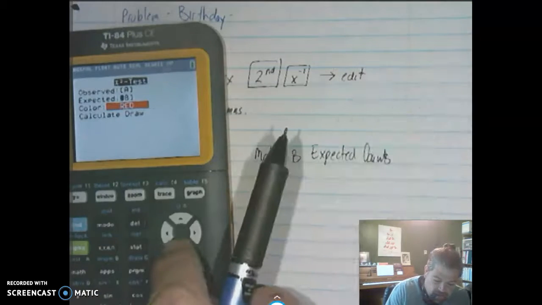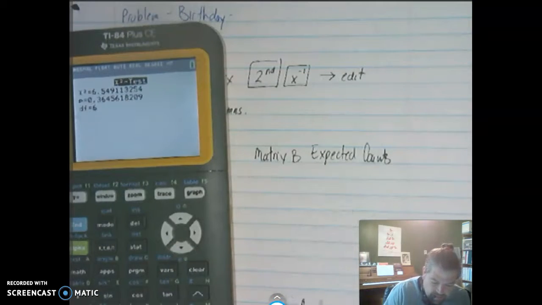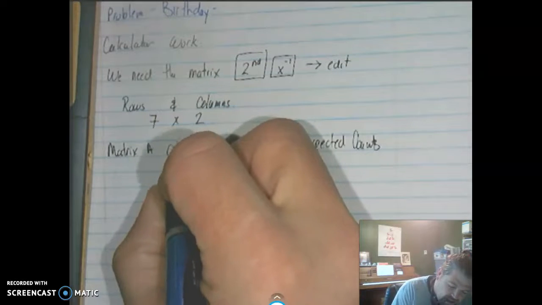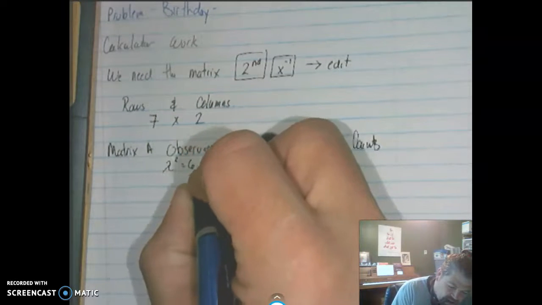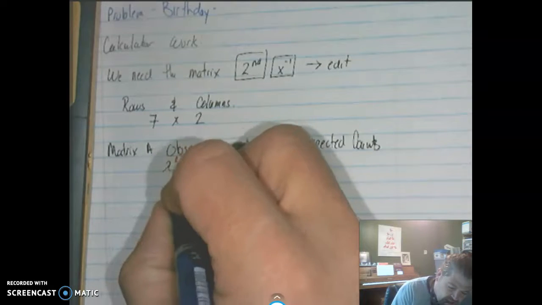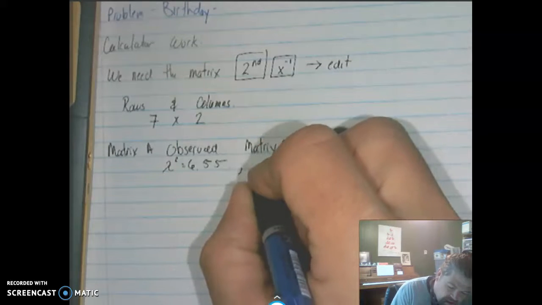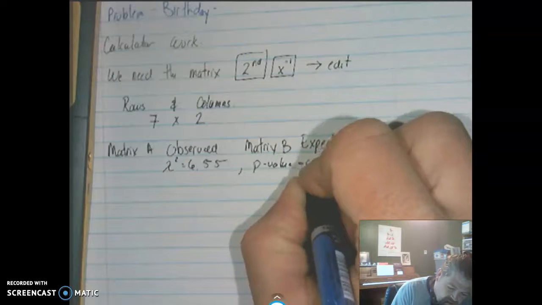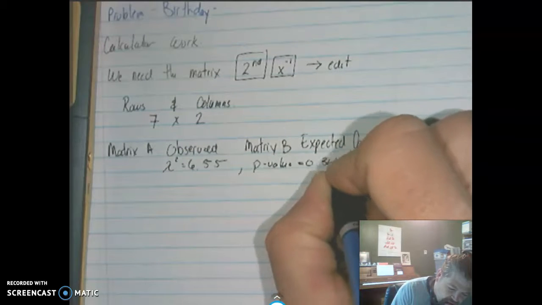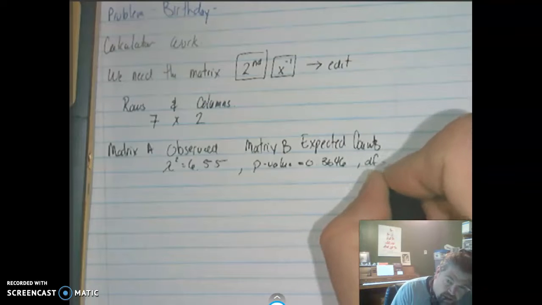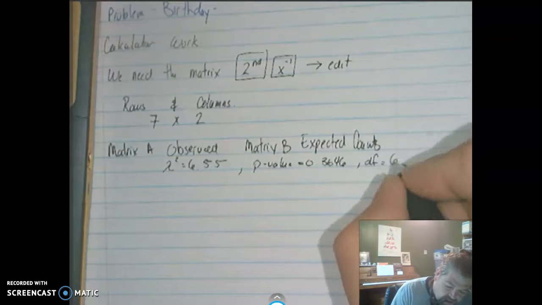All right, move down here to calculate, and so it gives us our chi-square, which is 6.55, and then we get our p-value of 0.3646, and then we're going to put down our degrees of freedom is equal to 6.